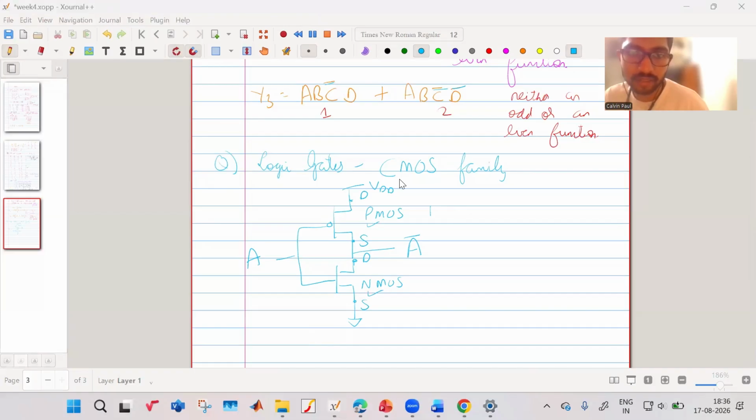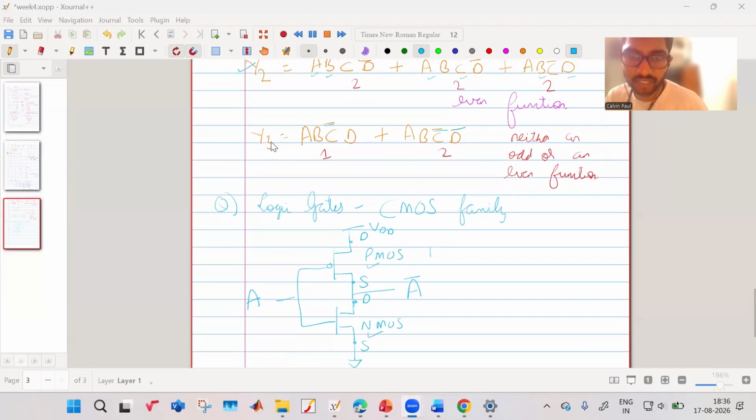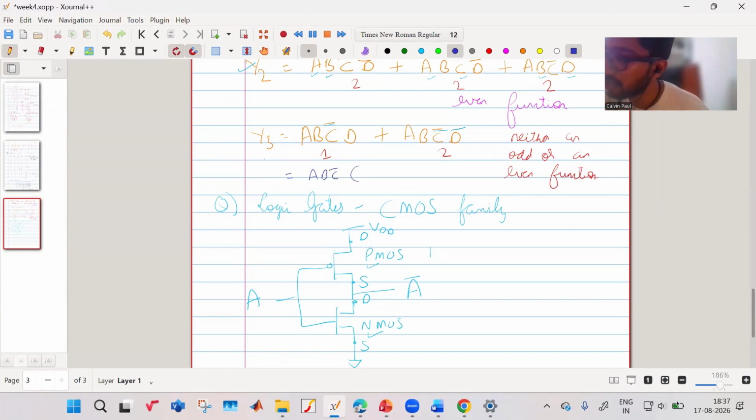Okay, what is your one doubt? Sir, case 3 is an odd function, sir. This Y3? Yes, sir. No, this is neither odd nor even. Sir, A, B, C bar is common and D plus D bar is equal to 1, so A, B, C bar. Okay, that means you're saying we'll simplify, yeah? Yes, sir. Okay, ABC bar, D plus D bar becomes equal to ABC bar.